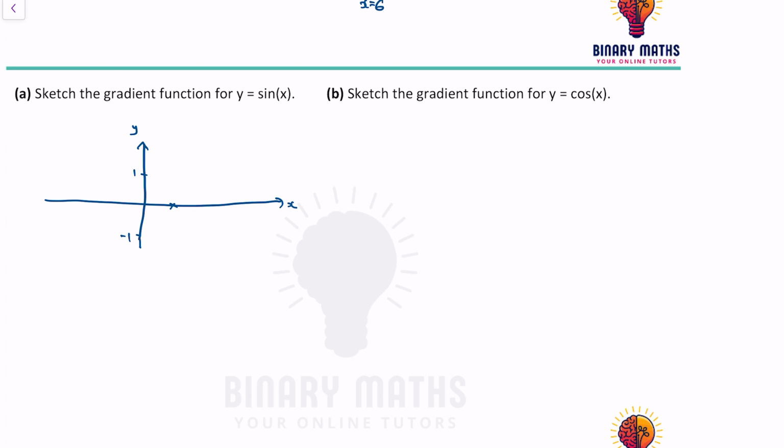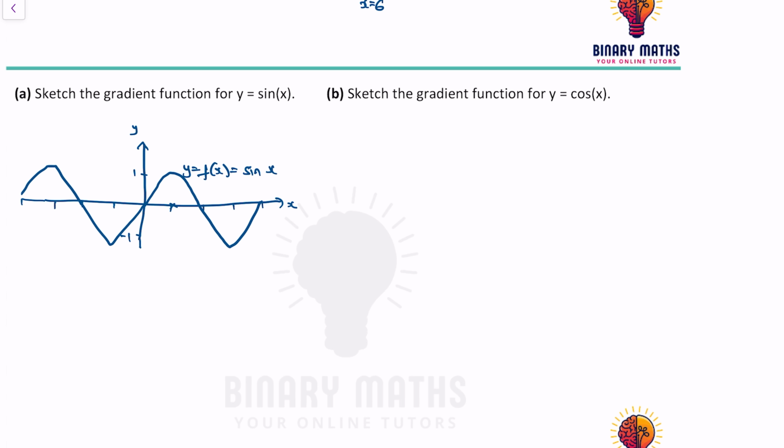So 360 to minus 360, starts off at 0, goes up to 1, back to 0, minus 1, 0. Similarly on this side, minus 1, 0, 1, 0. So this is equal to f of x is equal to sine x. So y is equal to f of x.